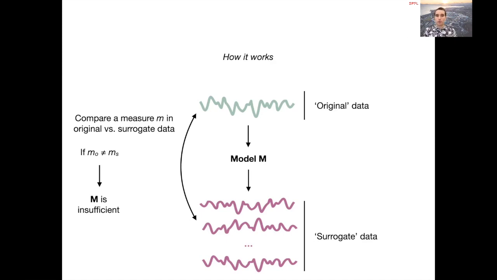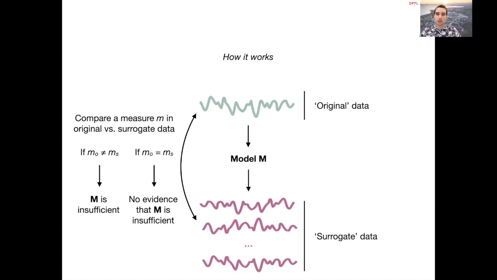So if MO, the value of M in the original dataset, is found to be different than the distribution of values that we have in surrogate data, then it means that the model M, big M, is insufficient to fully describe the original data. On the contrary, if MO is found to be not different from the distribution of values that we have in surrogate, then it means that there is no evidence that the model capital M is insufficient to describe the original data.